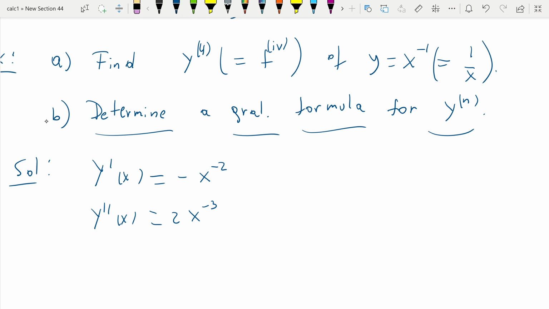Then y triple prime. And now we multiply 2 times this exponent, which we bring down here, remember? So the minus 3 is minus 6, but we're just going to write it like this to find the general formula. Minus 2 times 3 times x to the, and we subtract 1 from minus 3, so we get minus 4.